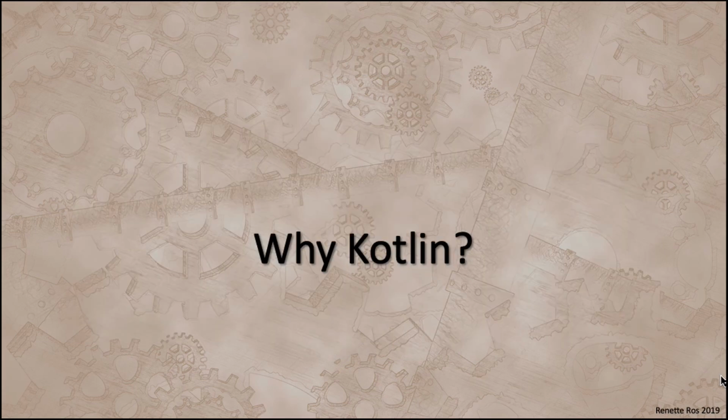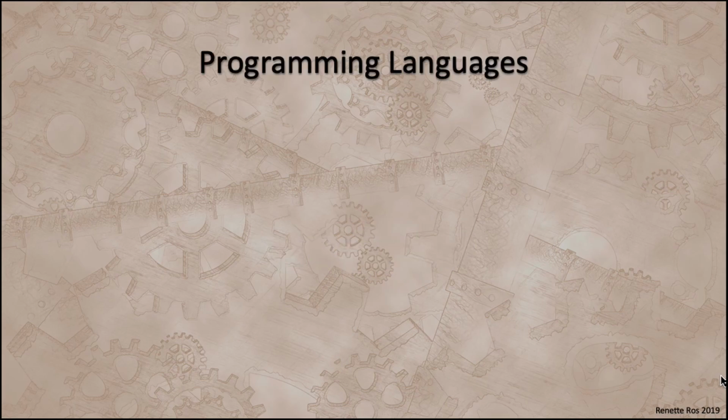So, why Kotlin? Since you're at Kotlin Everywhere, I assume you know Kotlin and love Kotlin, but I'm still going to go through why we chose Kotlin. But before I go into that, I want to go on a bit of a tangent about types of programming languages. When we think programming languages, the 2 broad categories we think of are usually object-oriented languages and functional languages.